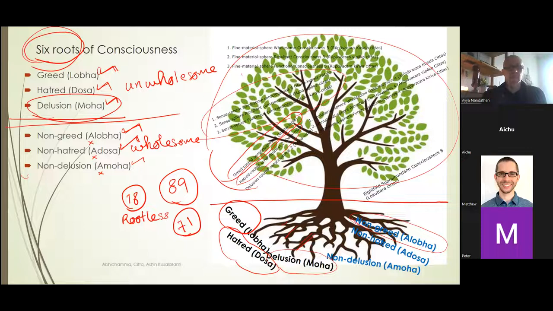If the hatred motivates you or encourages you to do something, then hatred-rooted consciousness will appear in your mind. So the 6 roots are working behind, like real roots of the tree. So I want to start talking about these 6 roots.